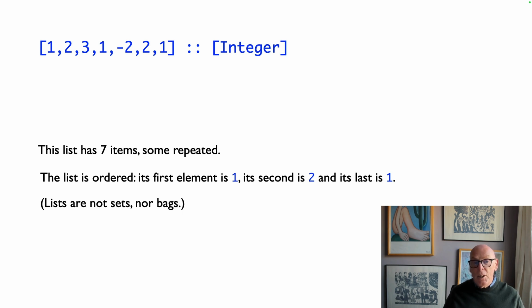The value before that is minus 2. You could have those same elements in a different order. That would be a different list. So the order of the list matters, the number of times each element occurs matters. So lists are not sets, nor are they bags in mathematical terminology. So lists are ordered collections of values.